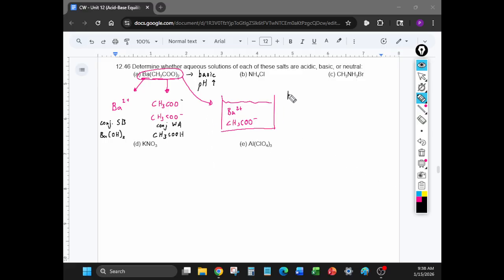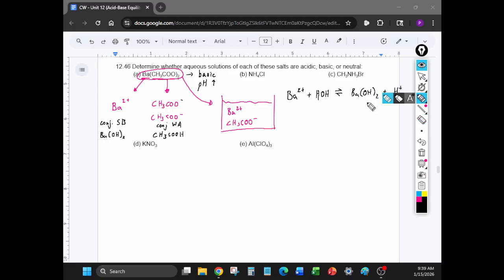So let's start with the cation. Ba2+ is going to start to react with the water. We know that if a cation reacts with water, it's going to go into equilibrium, and Ba is going to take OH-. So if we rewrite H2O as HOH, what barium is hypothetically going to do is take the hydroxides from the water, and what it should do is produce Ba(OH)2, and what's left over is H+.